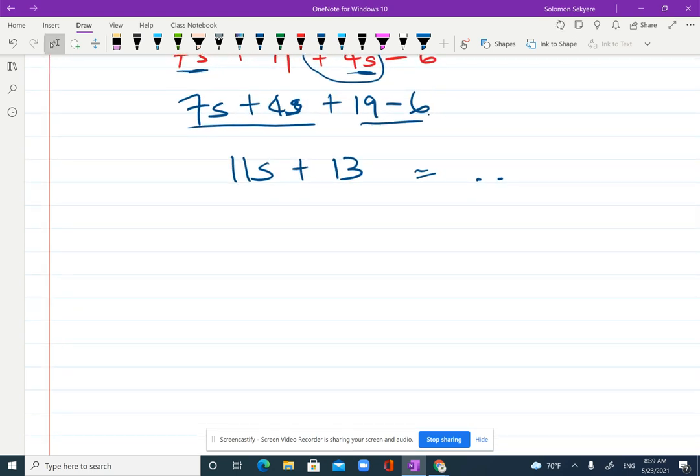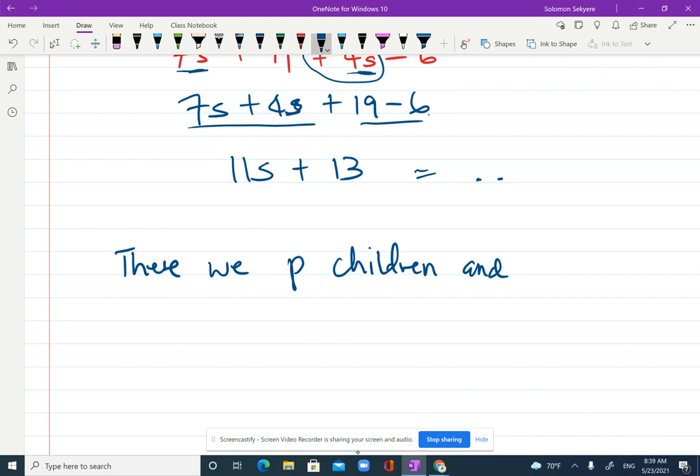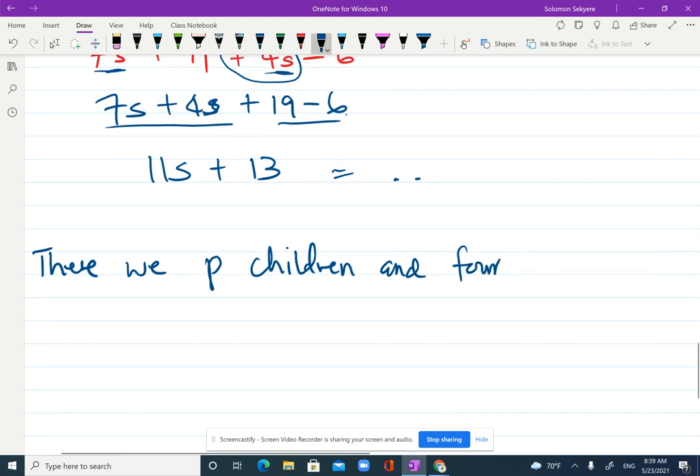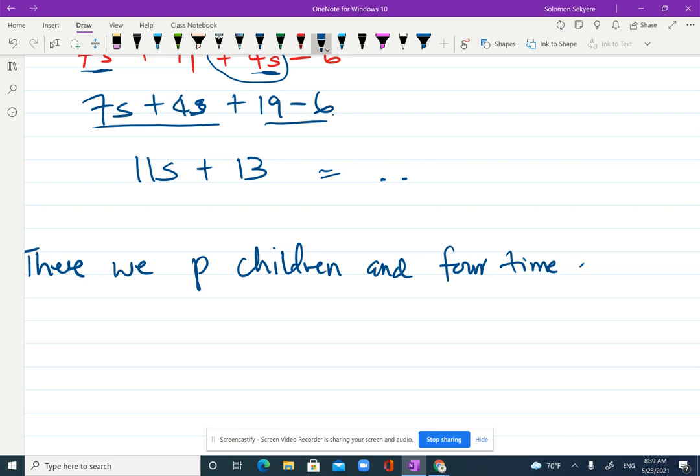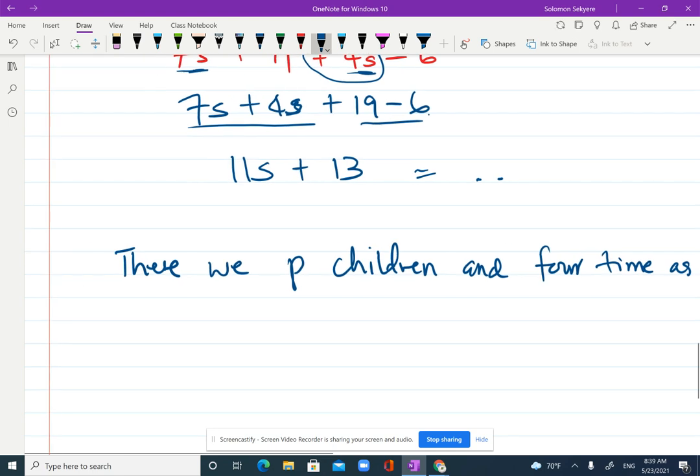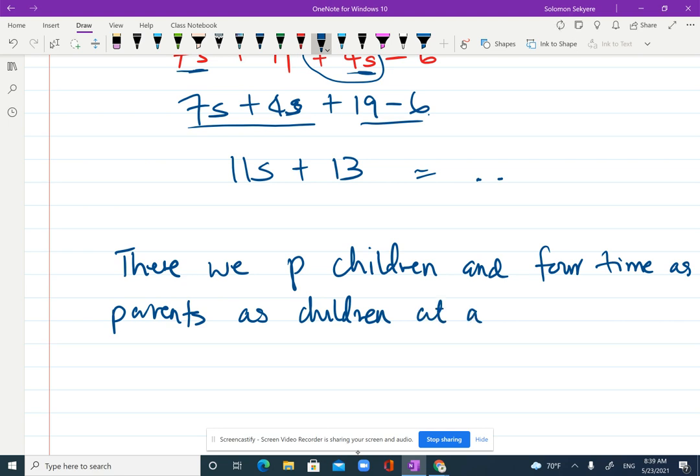All right, let's do another one. There were P children. P, just a variable, represents some number of children. I say there were 4 times as many parents as children at a book fair.